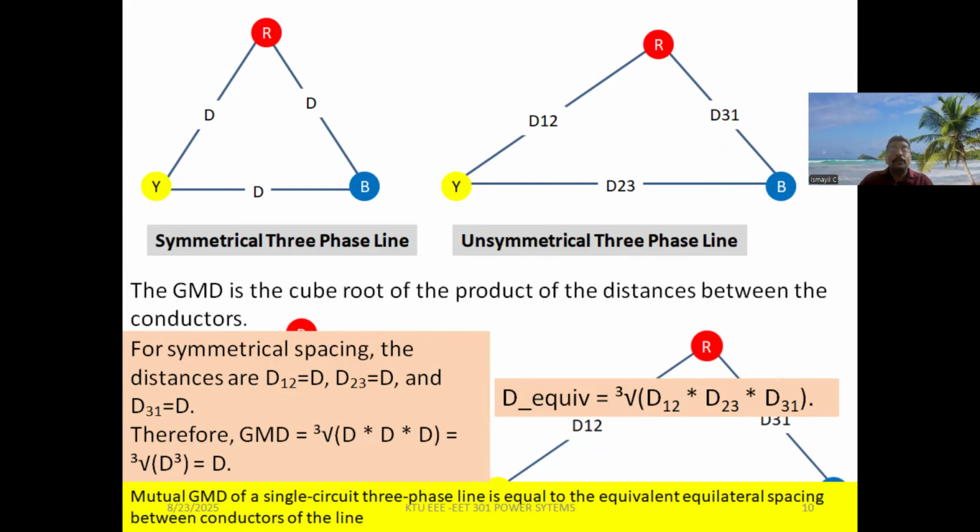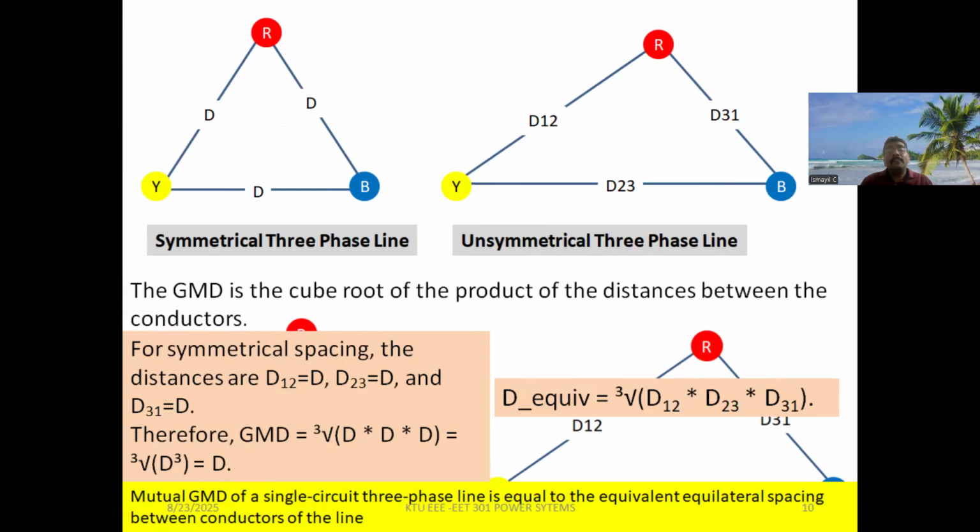Therefore, GMD is equal to the cube root of the distance between R and Y, that is D, the distance between Y and B, that is again D, and the distance between B and R, that is again D. So by calculating, we can see that it is the distance between any one pair of transmission lines. That is, the GMD of a symmetrical three-phase line is equal to the distance between any one pair of transmission lines.